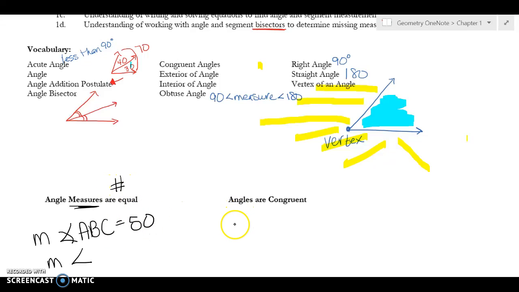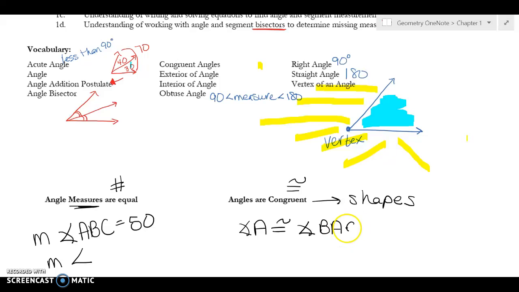When you talk about things being congruent, remember this is our congruent symbol. Congruent deals with shapes. So I cannot say that an angle is congruent to a number, but I can say that angle A is congruent to angle BAC. So remember the difference between measures and congruent. Measures is numbers, congruent is shapes.